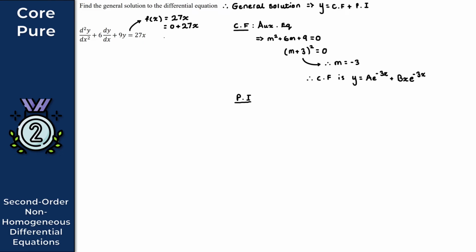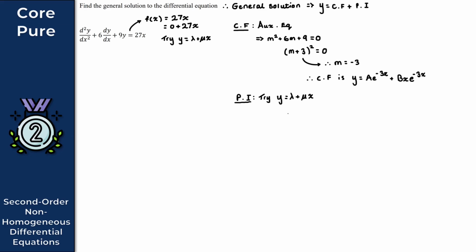So what I'm going to try here is y is equal to lambda plus mu x. Let's make a note of that. Now let's differentiate with respect to x.